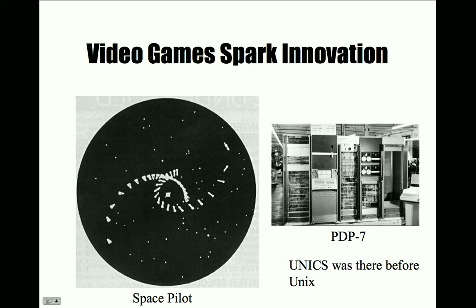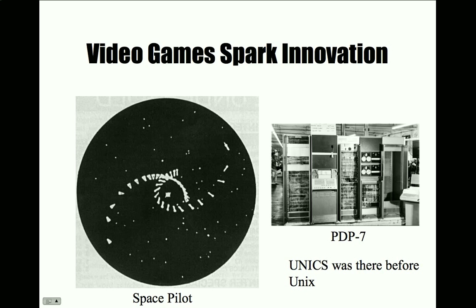And before it was UNIX, it was UNICS, a variation of an operating system called Multics at the time, and Multics was the one running on that GE 645 machine that was too expensive to maintain.